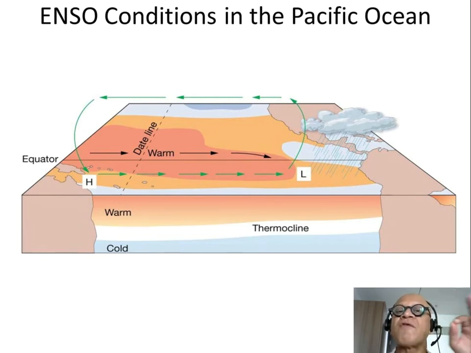Low pressure at Darwin because it's under warm conditions. High pressure in Tahiti because it's in this cold tongue in the eastern Pacific. It's pretty far south, 17 south, I think. You can check it. He found that there was this pressure gradient, high pressure in Tahiti, low pressure in Darwin, and this oscillated at about 2 to 7 years.